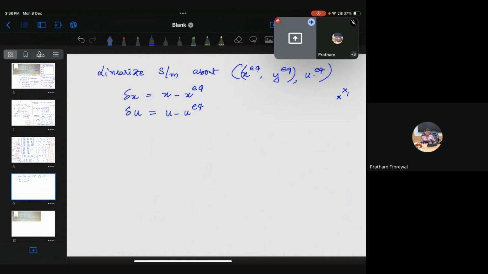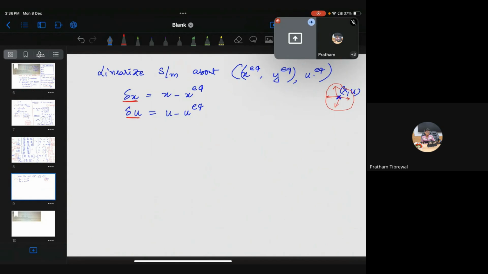You have x and u at this particular point. The linearization says that from this particular point, if you give a small disturbance within this small region, this is the disturbance.